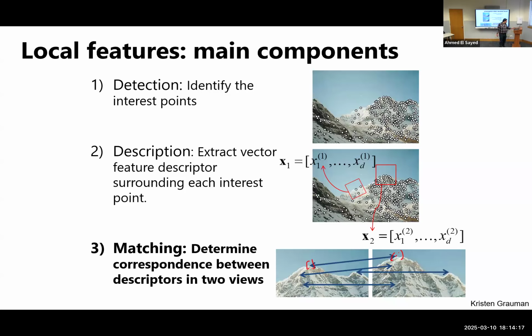Based on what we saw so far, we have lots and lots of key point features here, and we have a vector around each one of them. The other picture will have the same thing. So how can I match them? How can I find the point here and the corresponding point on the other side?